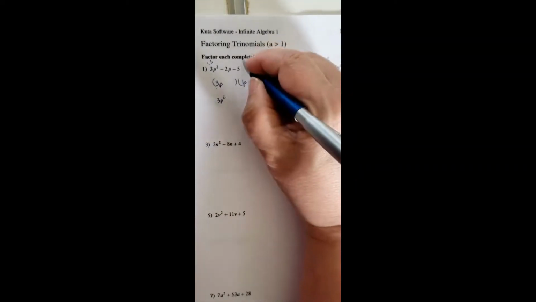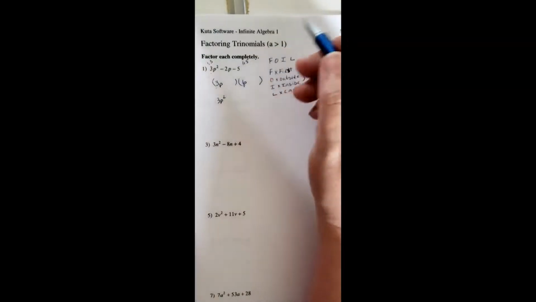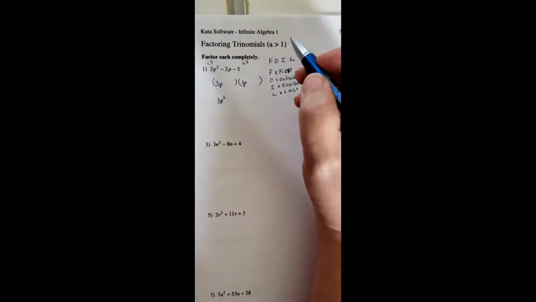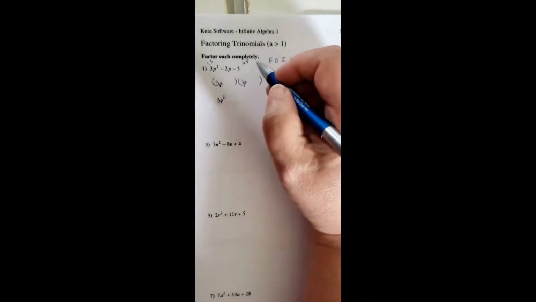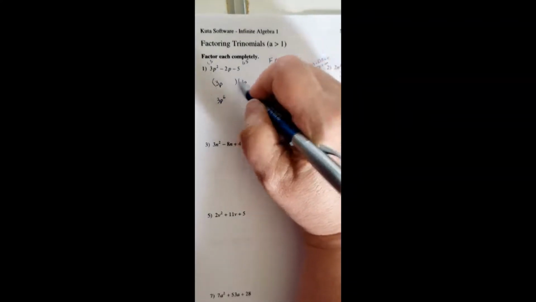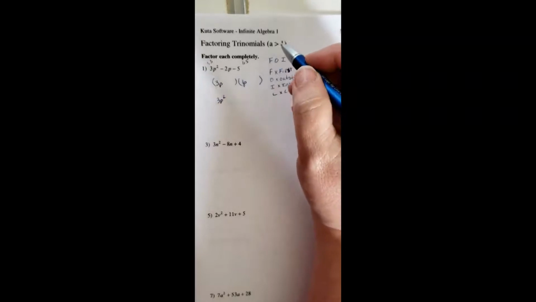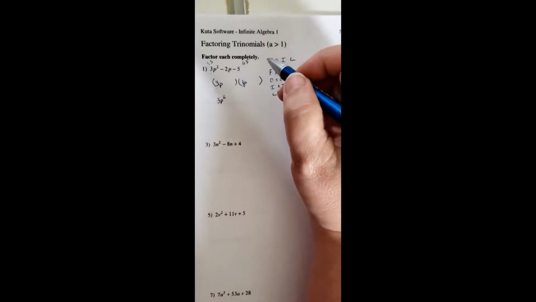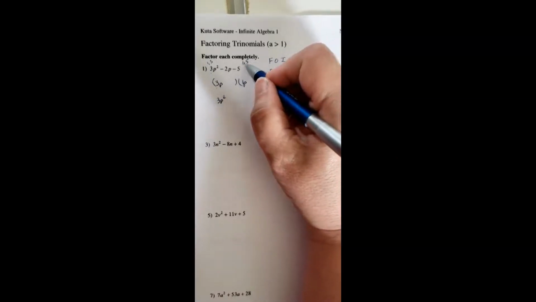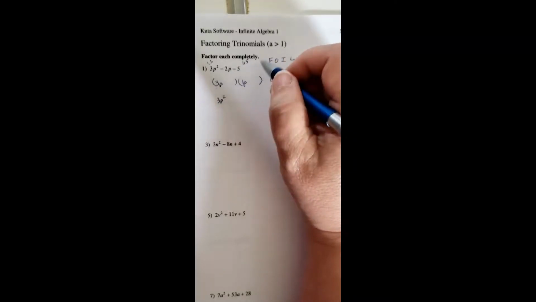And we know that the last times the last comes from the 5, and we got sort of lucky on this one. There's only one way to multiply to get 5, and that's 5 times 1. So we're going to put a 5 and a 1 here somewhere. But you noticed as you did your homework from last time that it's going to matter sometimes where you put these numbers and what signs you use with them.